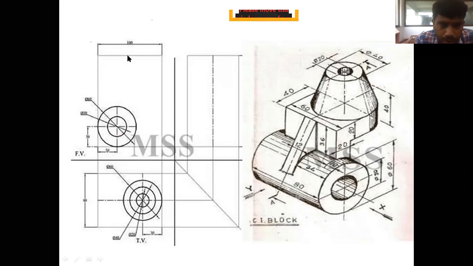It's a block of 100 by 136. Okay, so here in the front view, what I'll be seeing, from one side it is there. From the other side you have to draw these views.